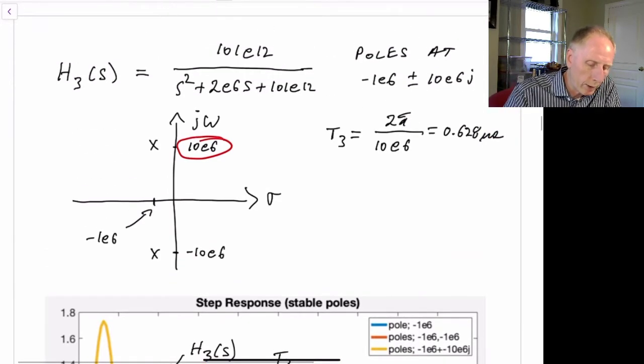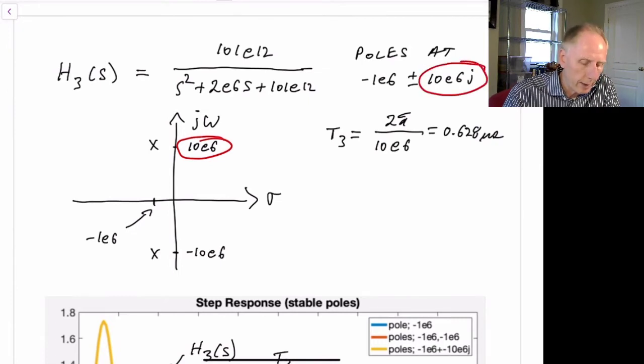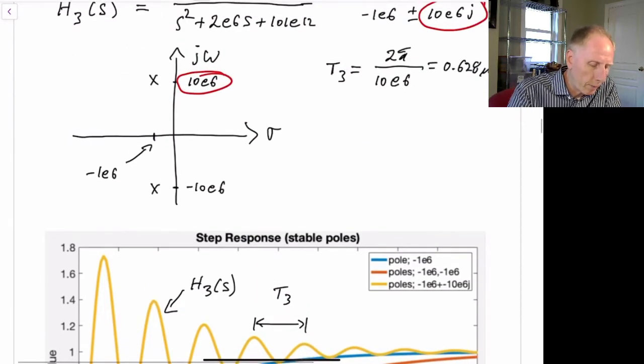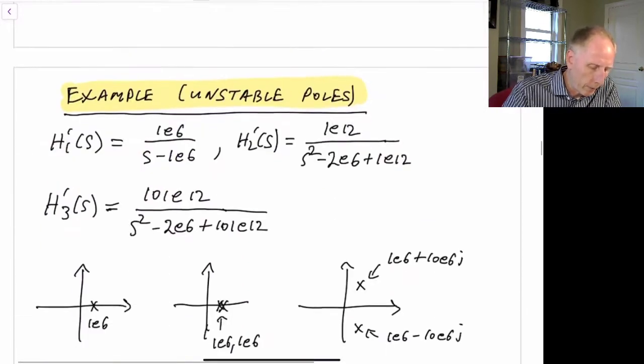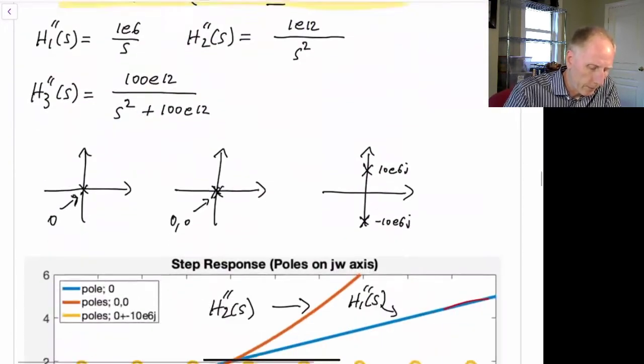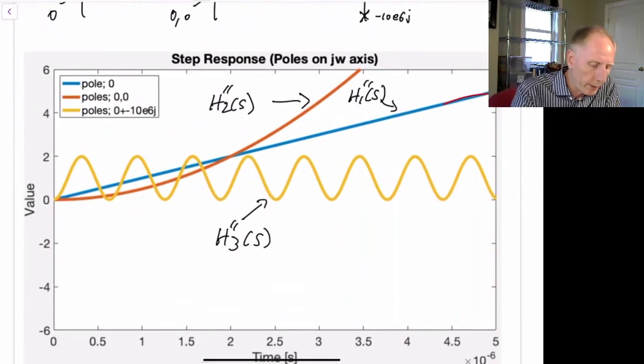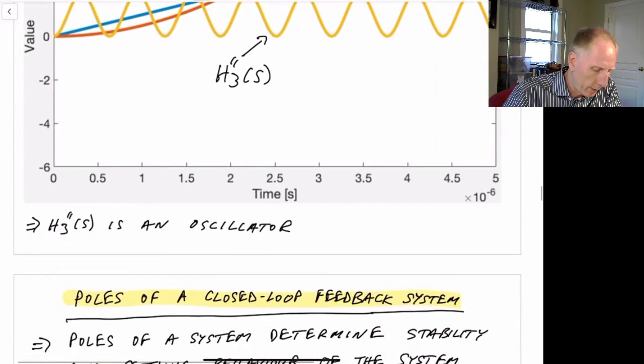When we looked at our poles, we had our pole at plus or minus 10e6 times j. That determines the period here, T3, of our ringing part. And it will also determine the period of our oscillator. In this last case, this would be an oscillator, and the period here again would be just T3, from here to here. So our last case here is a way of building an oscillator.